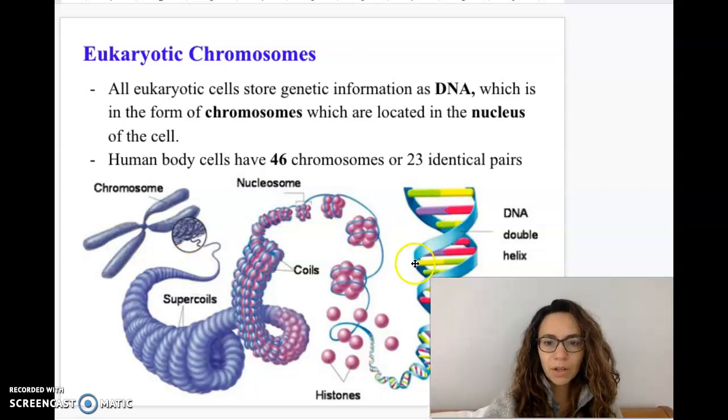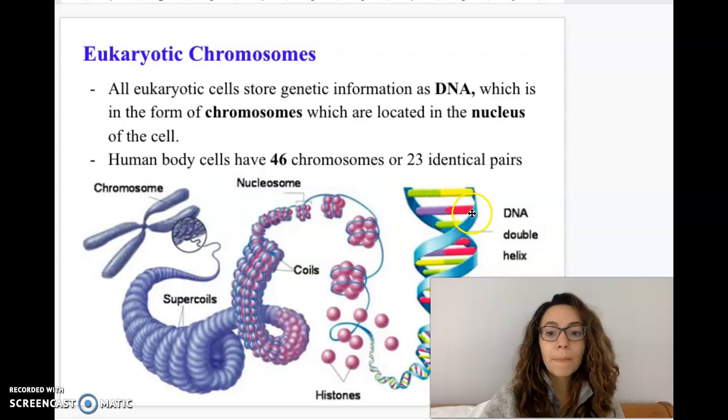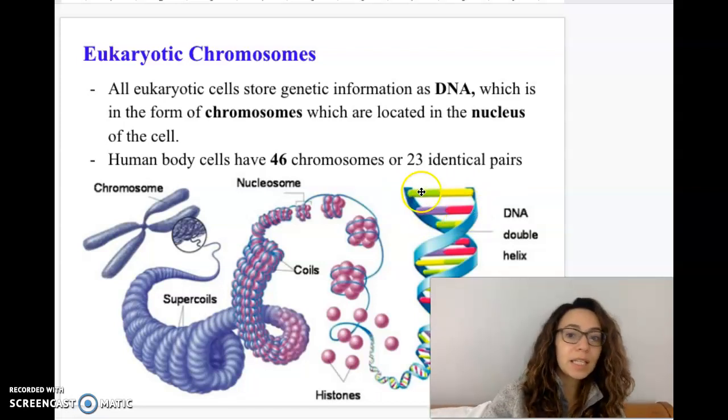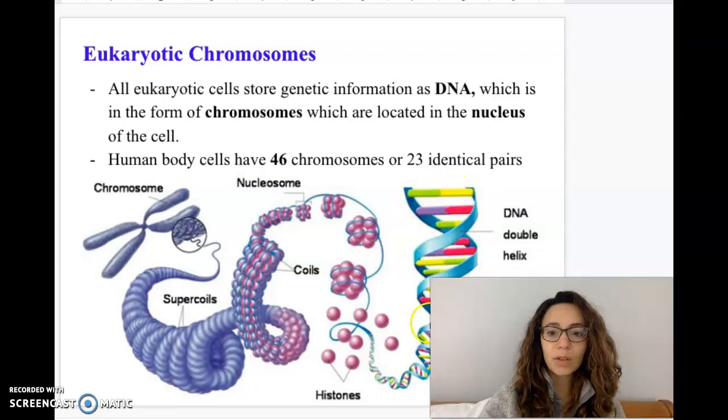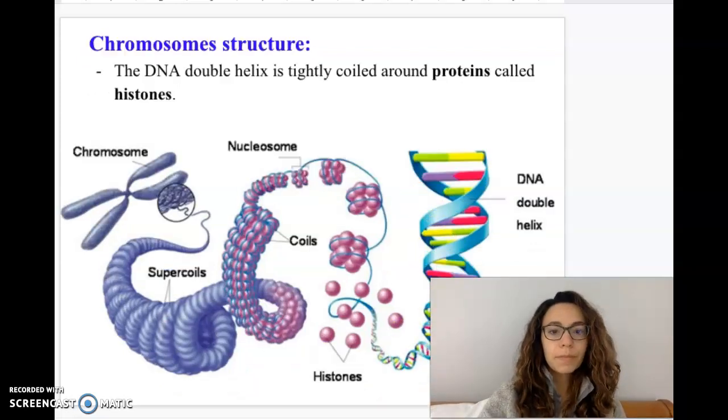Now let's take a look at the structure of DNA. So we learned about this part here, this DNA double helix. We've got the nucleotides connected at the center of the DNA molecule. Those A's match with the T's, the C's match with the G's, all that stuff. But what's happening is this double helix is wrapped around these proteins that are purple here.